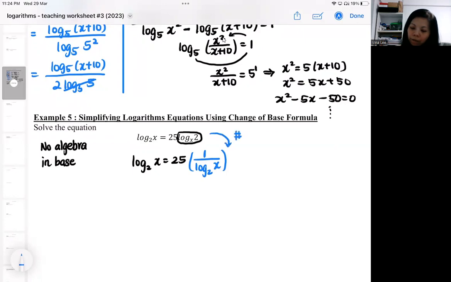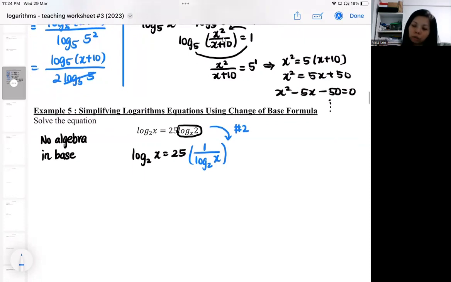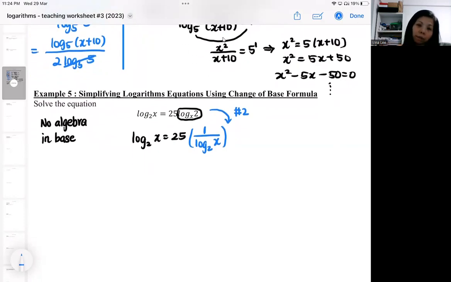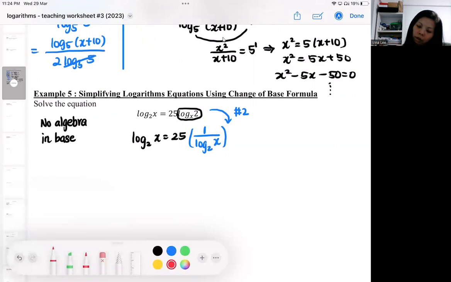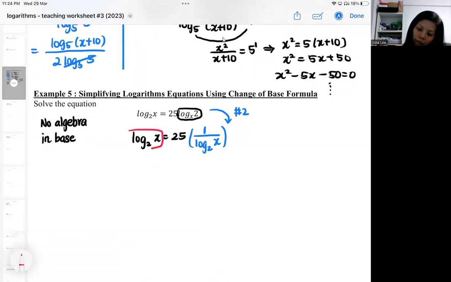I can directly flip, so the x and 2 change position if I apply formula number 2, which is also a change of base formula coming from number 1. Observe that after you did the change of base, you got an identical log. The logs are identical, log 2x.